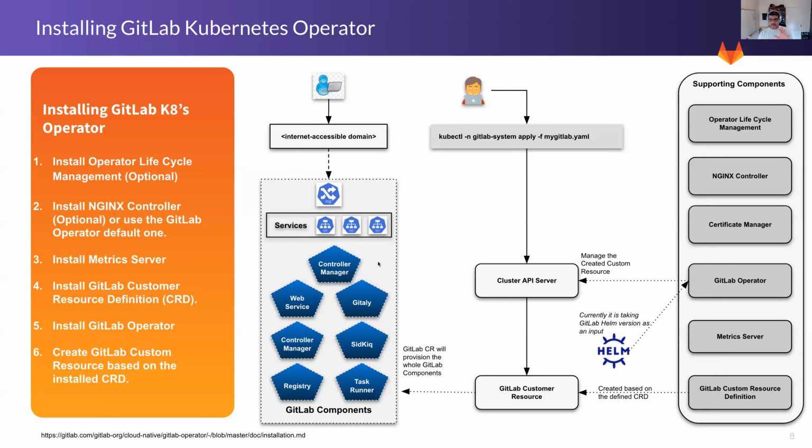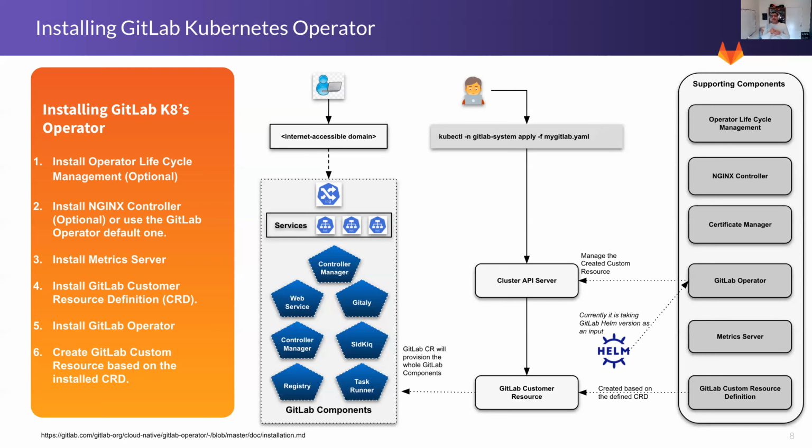So just to recap, the main things I want you to remember from this slide. You will need to deploy some components which I would say are helping or supporting components, like Nginx, optional, operator lifecycle management, optional, and the certificate manager. You need it in order to generate all the required certificates for the communication between the operator and the API server.